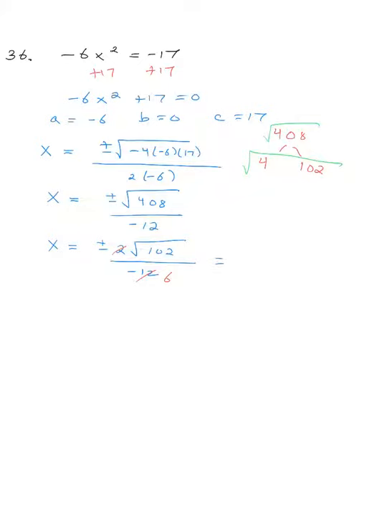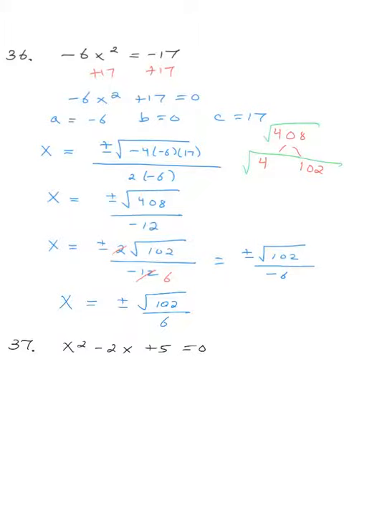So this is going to be plus or minus the square root of 102 over negative 6. And if you were to move this negative over here, you would still have a positive and a negative solution. So negative in the denominator really isn't telling us very much here if you already have a plus or a minus. This means your answers are simply plus or minus the square root of 102, all divided by 6.